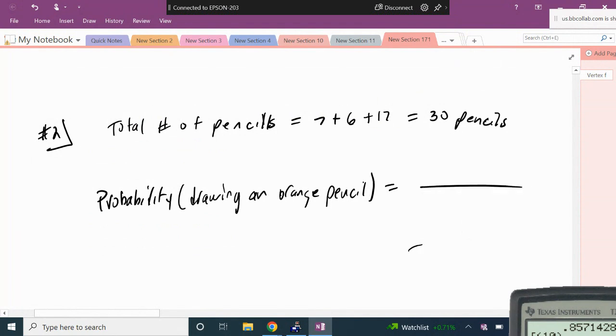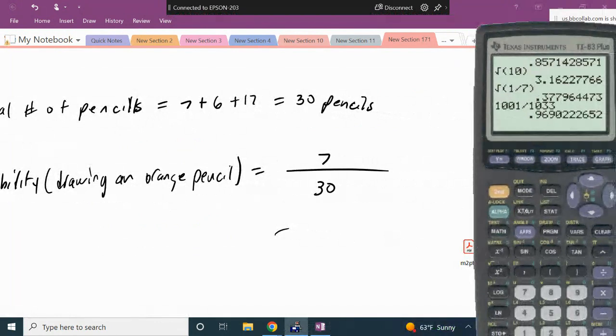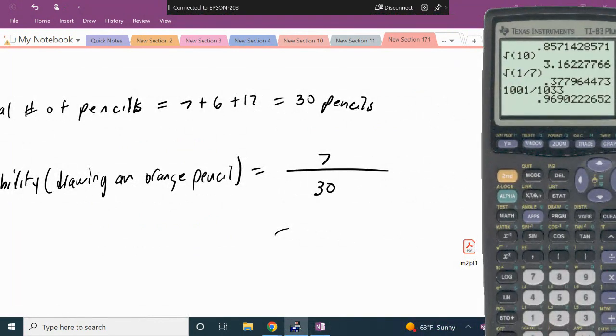Well, first of all, the base is 30 pencils, right? The numerator is how many choices of orange pencils do I have? 7. So that's the probability, 7 over 30, right? Because there's 7 orange pencils, there's 30 pencils total. So if we put that into the calculator, I believe you get 0.233.